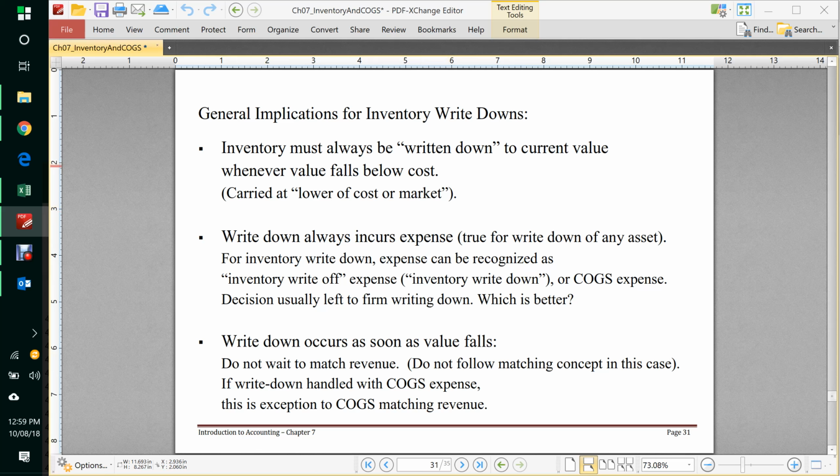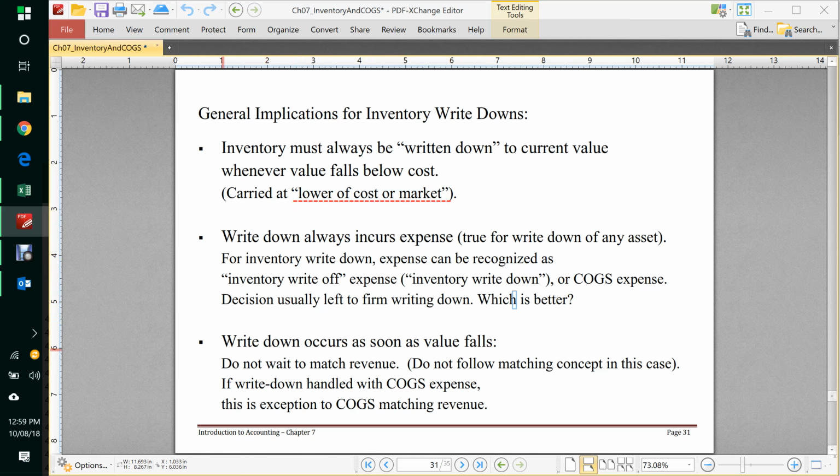Okay, so the general implications: inventory of course has to be written down whenever current value falls below cost. That's what we call the lower of cost or market strategy. We always use that. Okay, write downs always incur an expense, as we've seen before.